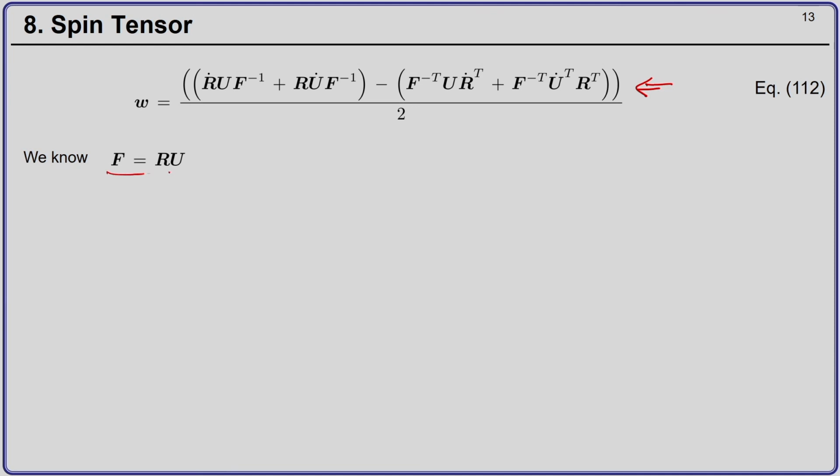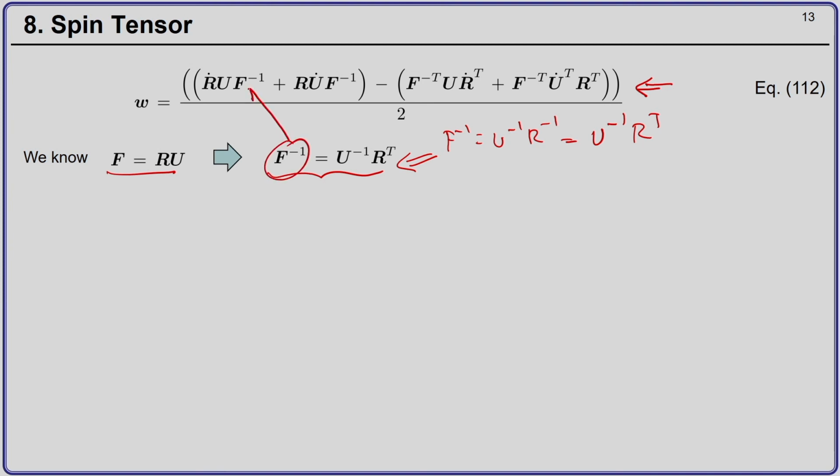So, we know that F is R U, which means F inverse is U inverse R transpose. Because R is an orthogonal tensor, F inverse is U inverse R inverse, and since R is orthogonal, R inverse will be equal to R transpose. That is what we have written over here. Now, F inverse is U inverse R transpose, so I can substitute F inverse here.